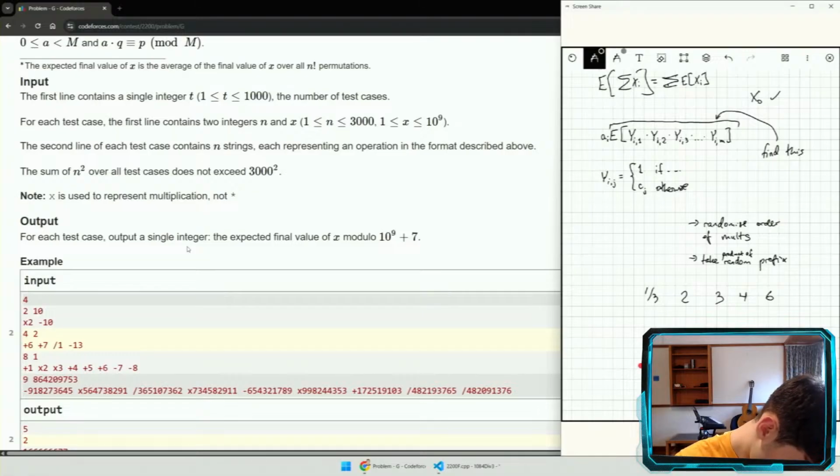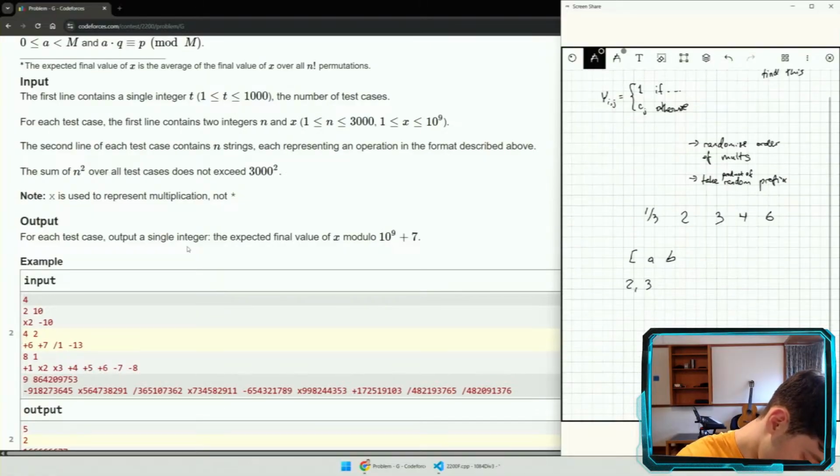So if they're 2 and 3, for example, we want the expected value of A times B, where big A and big B are each either 1 or little a, 1 or little b, and it's 50-50 for each one.